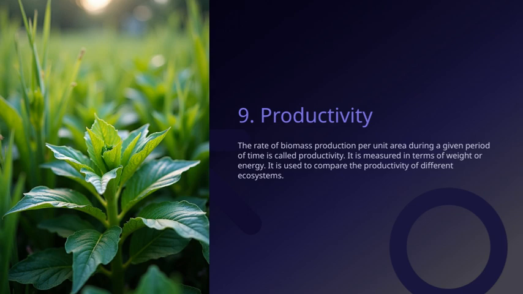This measurement is really useful because it allows us to compare the productivity levels of different ecosystems. For example, a rainforest might have a much higher productivity than a desert. Understanding productivity helps us grasp how ecosystems function and how energy flows through them, which ties into the overall theme of ecological efficiency and sustainability.